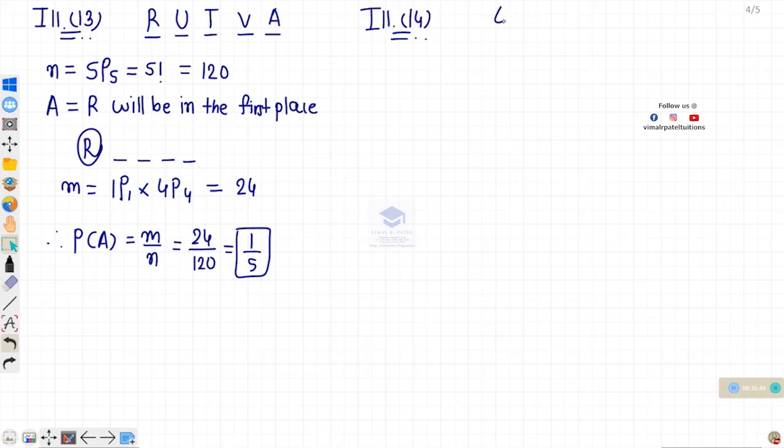Four male employee and 2 female employee. એટલે n શું થશે તમારું? 6, that is 6 factorial. 6 into 5 into 4 into 3 into 2 into 1, 720.